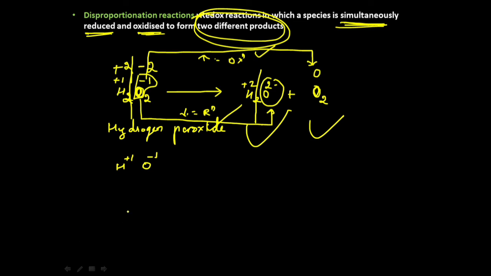You can take another simple example: chlorine, Cl2, a chlorine molecule reacts with OH minus ions. OH minus ions are nothing but hydroxide ions.